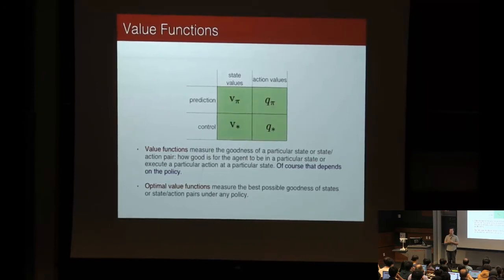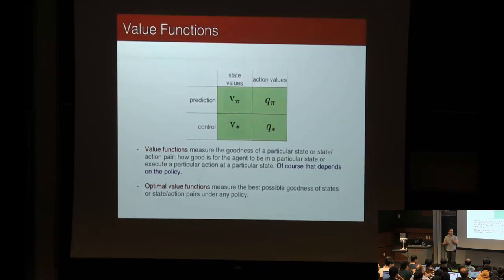I mean, imagine you're standing on the edge of a cliff. Would that be a good value or a bad value? Bad value. But again, if your policy is random, you flip the coin and you say, probability half I move to the left, probability half I move to the right, then this definitely would be a bad value. Because with probability 0.5, you fall off the cliff, so you get a big negative reward. Actually, your reward is going to be minus infinity, right? You're done.